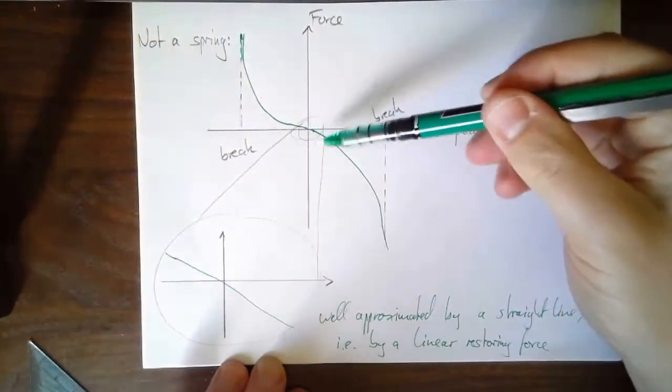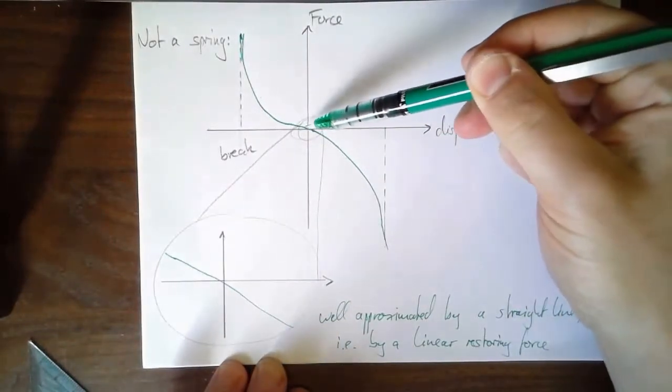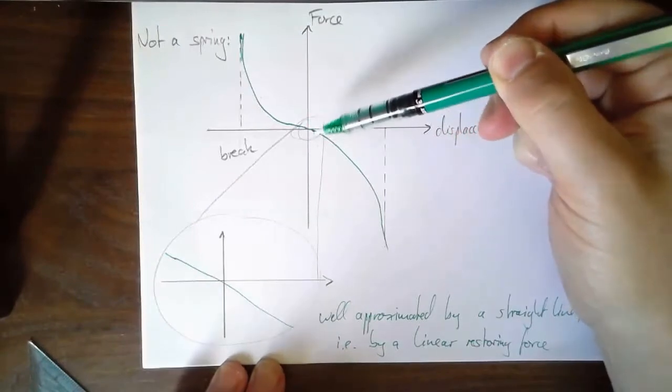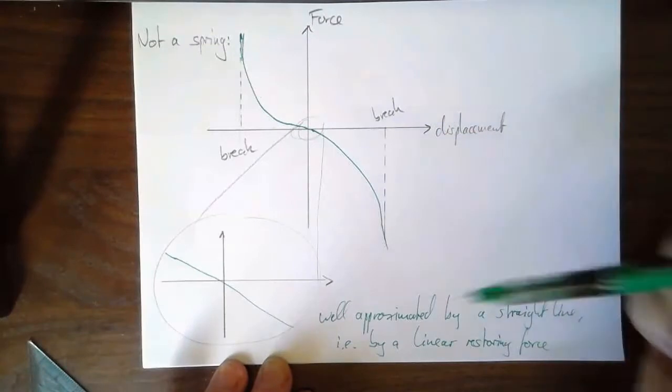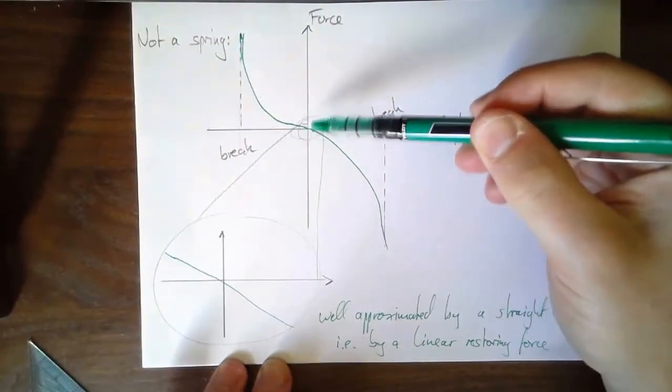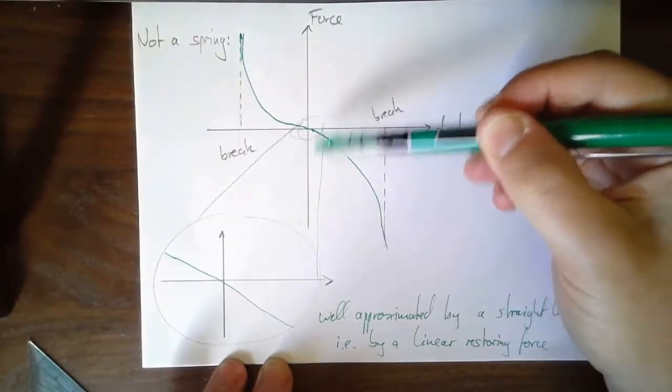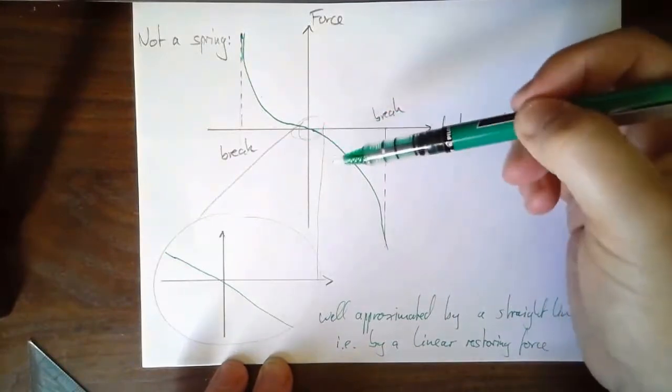Now, depending on the shape of this function, I might have to zoom in quite far to get a straight line. But as long as the function is sufficiently smooth, and it doesn't have spikes, no matter how far you zoom in, it still has spikes. You can come up with mathematical functions like that.